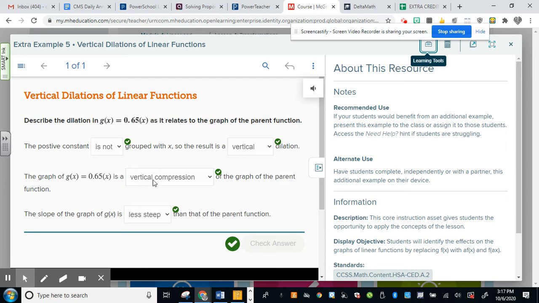And this is a vertical compression because it's a fraction or a decimal, 0.65, it's less than 1. So it's vertically compressed or gotten flatter, so it's less steep. Again, this would be like a fraction, or it's a decimal less than 1. It's not grouped, so it's a vertical compression. It got flatter, vertically compressed.